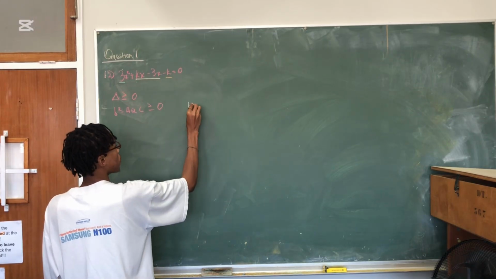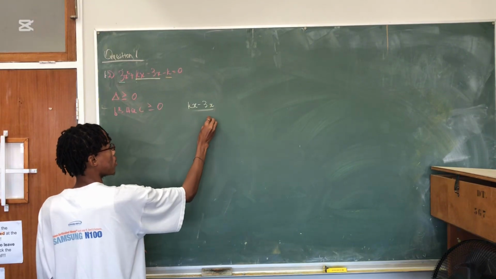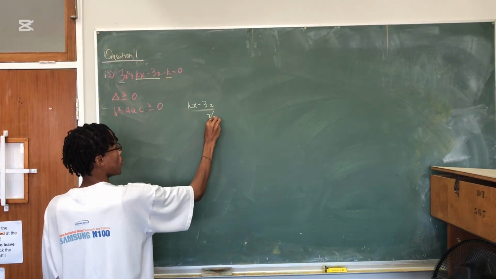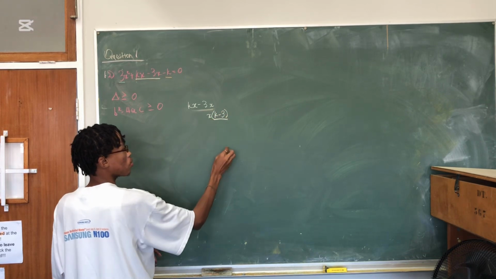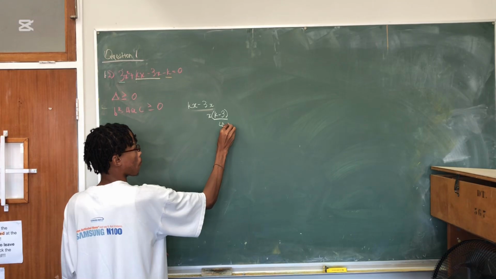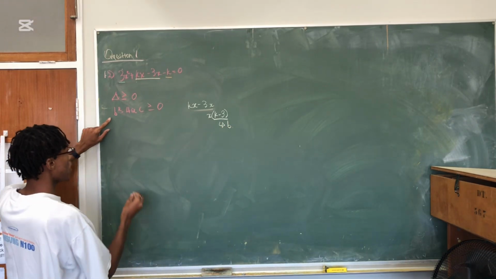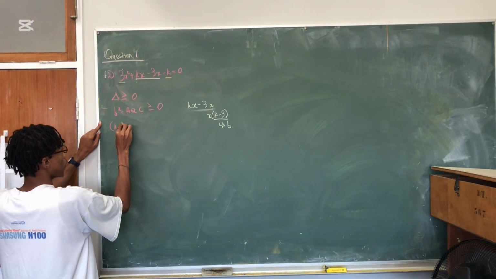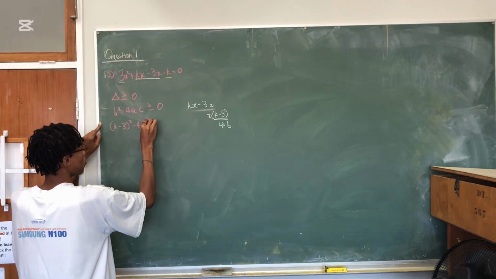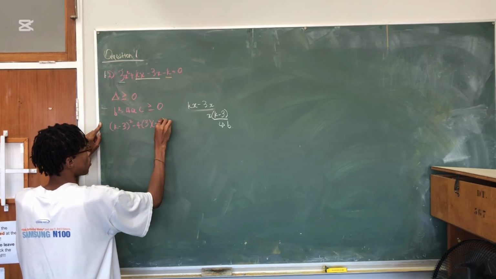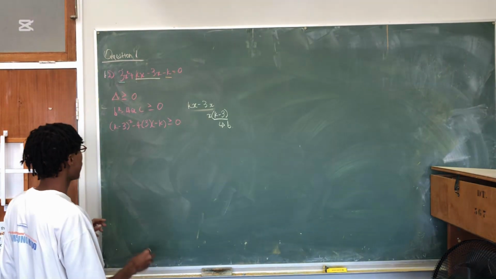So here we have kx minus 3x. We have a common factor being x. We're left with k minus 3. This k minus 3 is our b. So here we're going to take k minus 3 squared minus 4 times 3 times negative k, and treat this like an inequality.